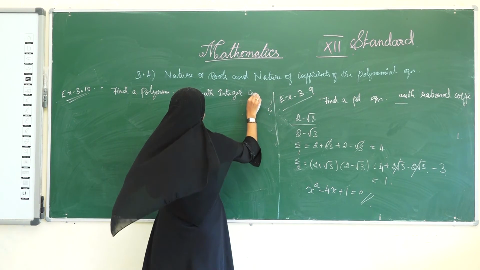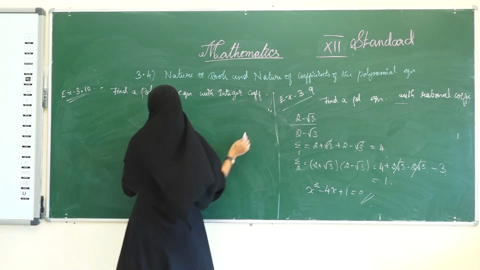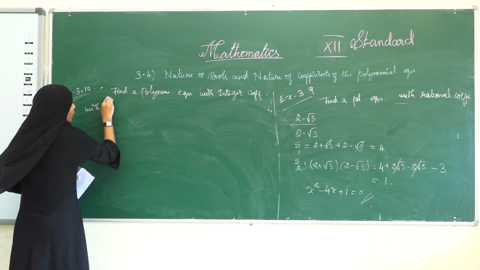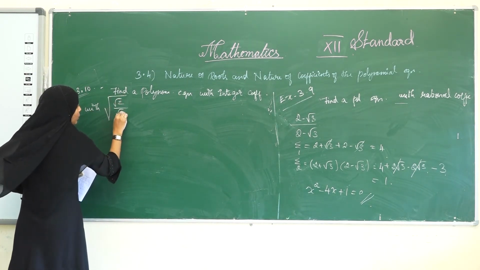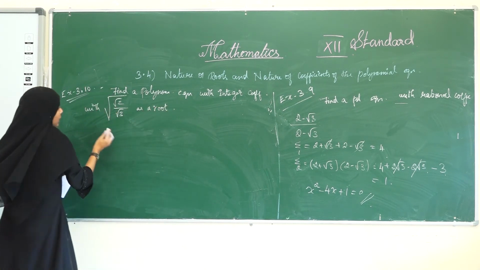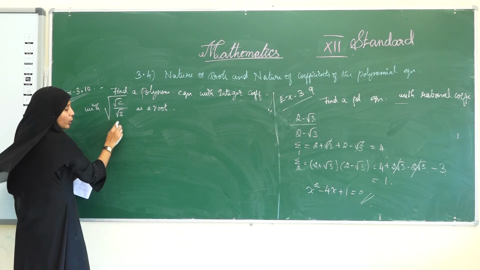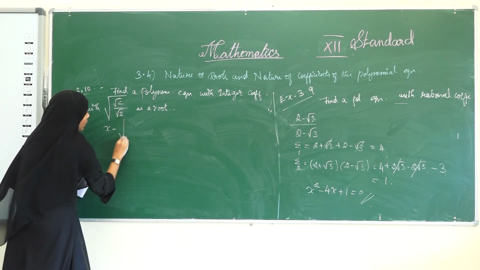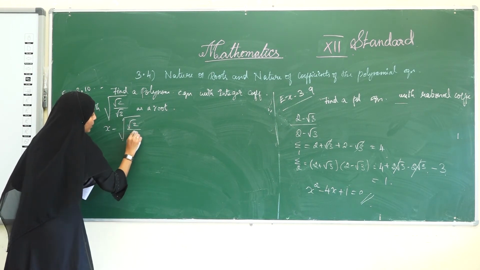This is the main thing, integer coefficients. They have given the root as root of root 2 divided by root 3. Since they have given this as a root, we can take the factor as x minus root of root 2 divided by root 3.